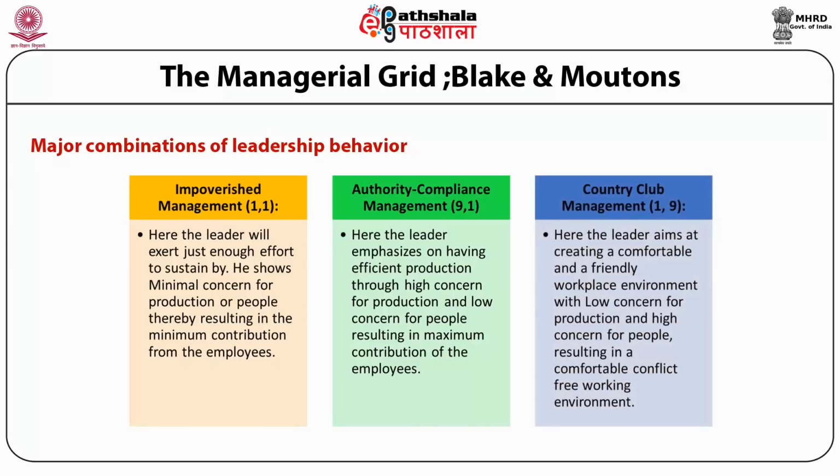In the country club management, the leader aims at creating a comfortable and a friendly workplace environment with low concern for production and high concern for people, resulting in a comfortable, conflict-free working environment.